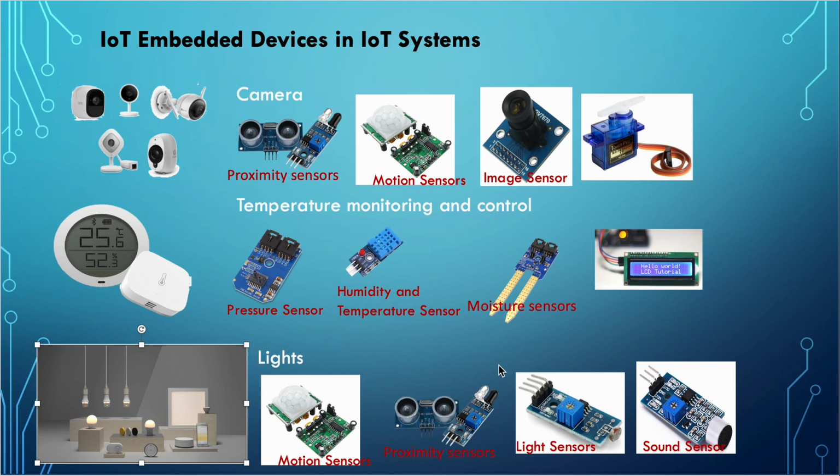Then of course, following these motion sensors and proximity sensors, there are going to be light sensors. This is one of the main things used in handling light in large quantities.